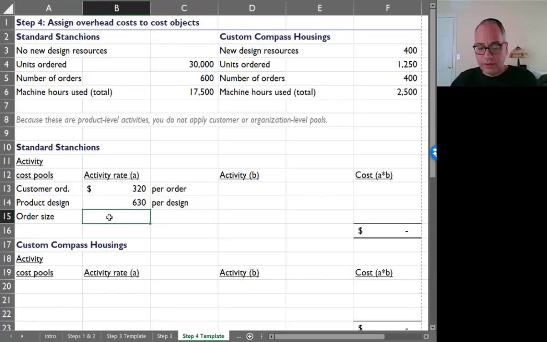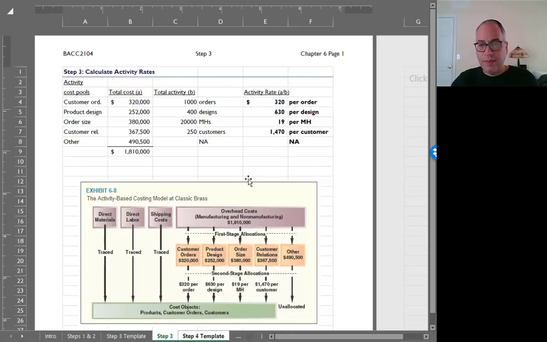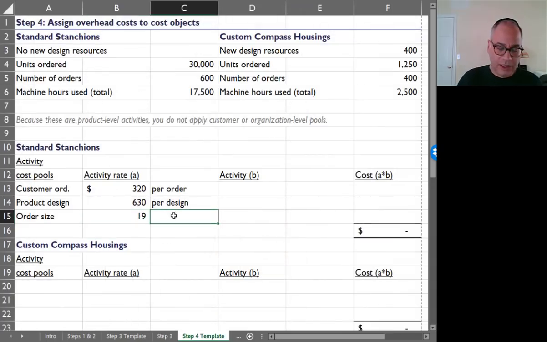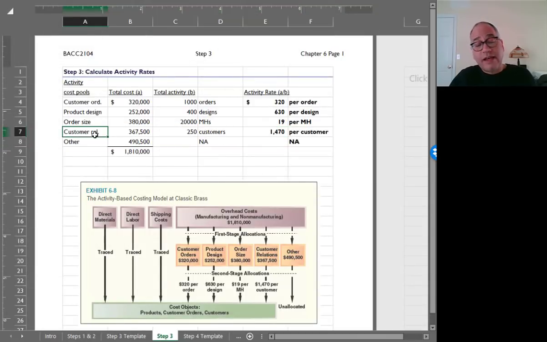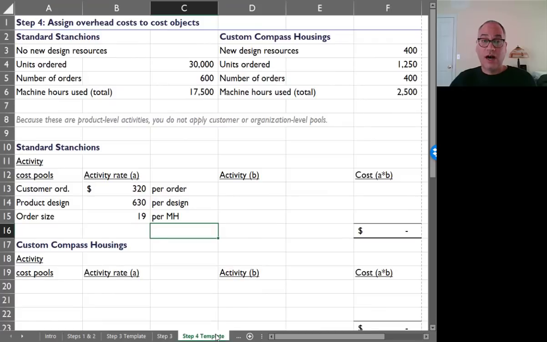And for order size, it is $19 per machine hour. And again, let's just clarify customer relations. The problem doesn't say anything about customers at all. We don't know anything about customers, and we're just not going to go there with this problem because customer orders it's a completely different issue.